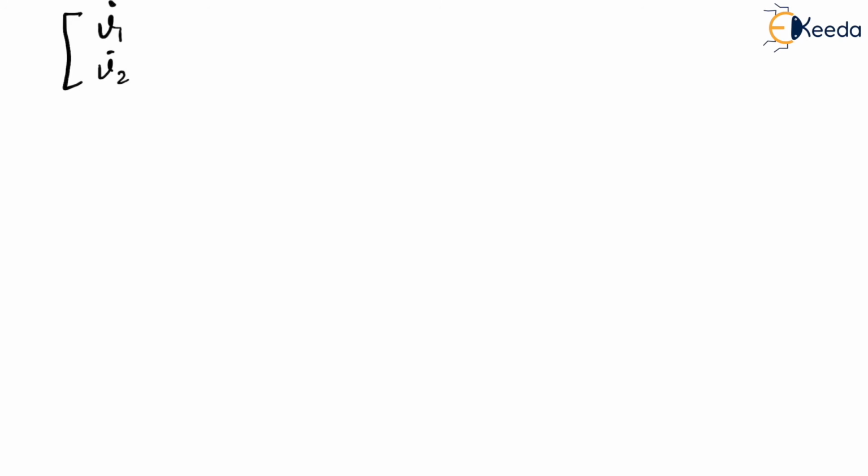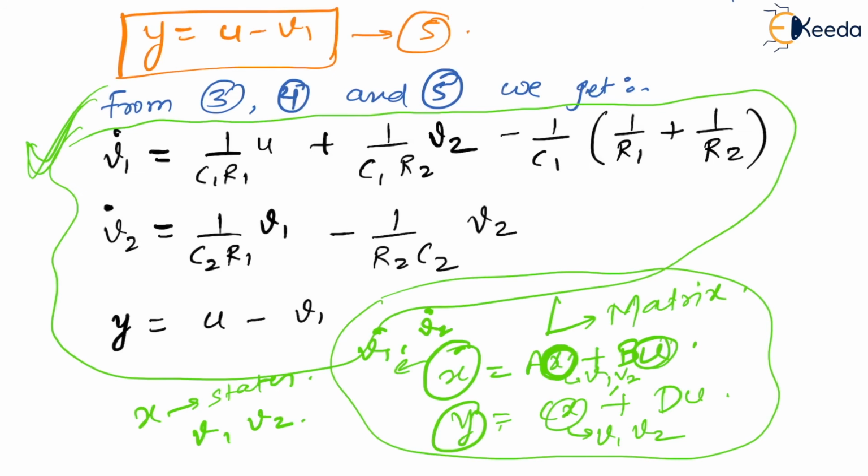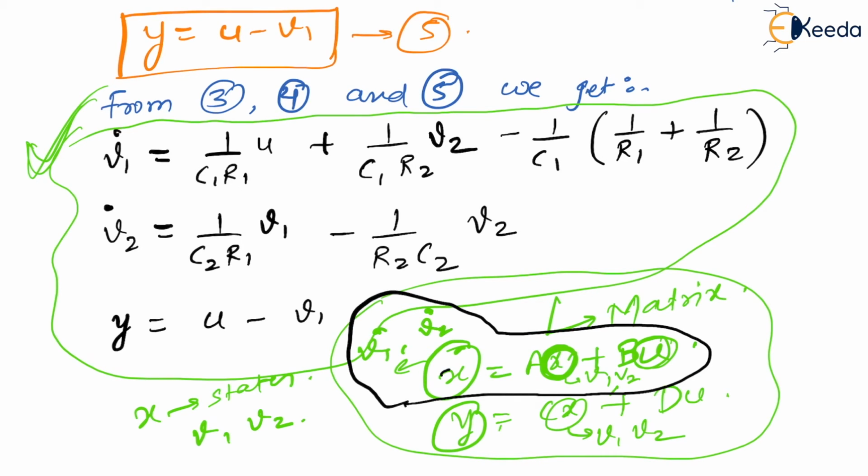We have v1 dot and v2 dot, because x dot is nothing but v1 dot and v2 dot.